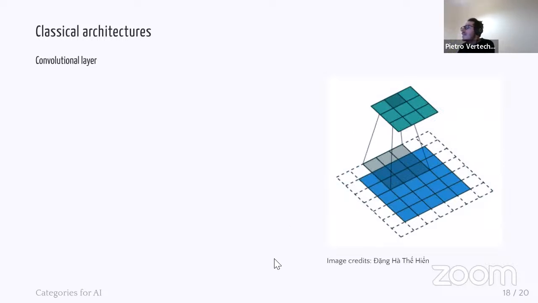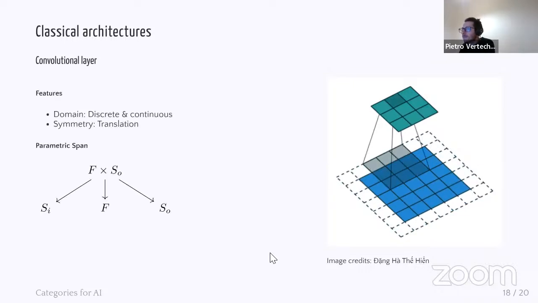Now, convolutional layers are a much more interesting scenario, because here we have structure and we have symmetry. So in this example, we see that the domain can be either discrete or continuous, because you could discretize it to a grid or not, but you always have a symmetry, which is this translation.